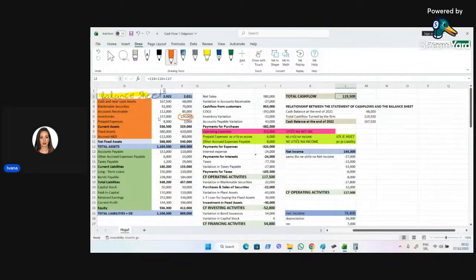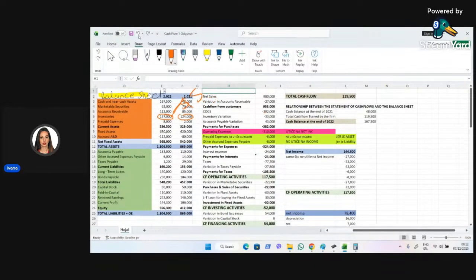Now we have more inventories, which means we produced or we have bought more inventories, so we had to pay with the cash.